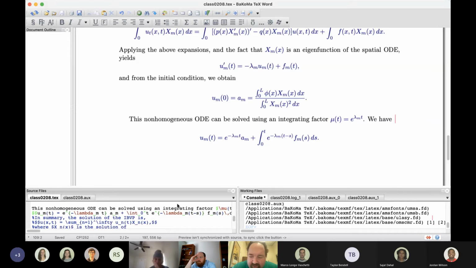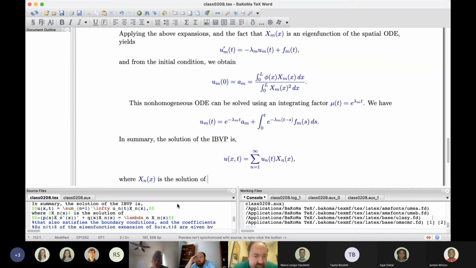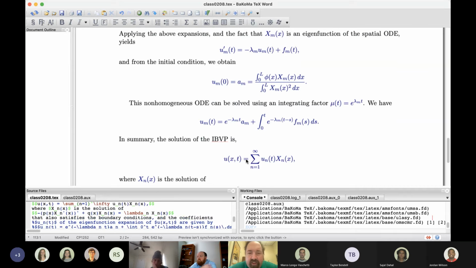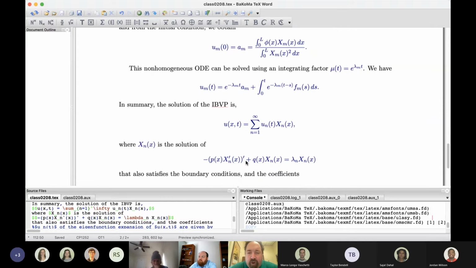And now I can summarize the whole solution procedure. So here's a solution to my original non-homogeneous initial boundary value problem. For X_n, I had to solve this ODE that comes from separation of variables for the homogeneous PDE, where you drop out, where you get rid of f.